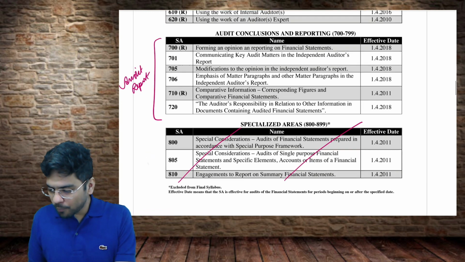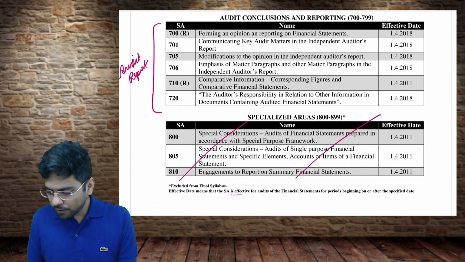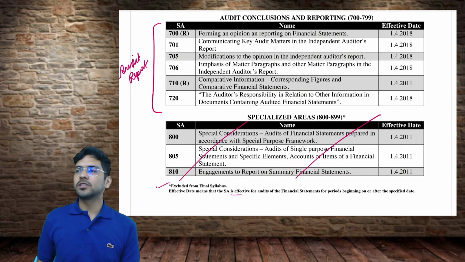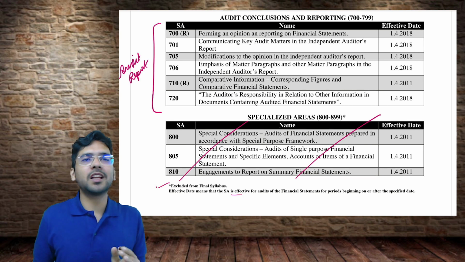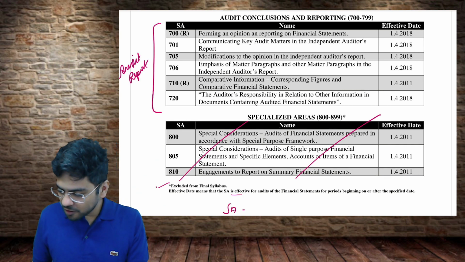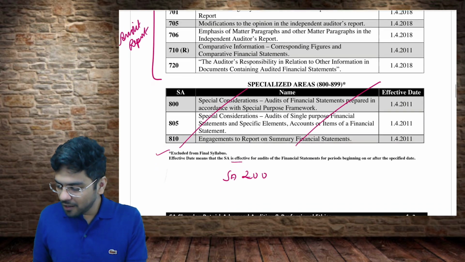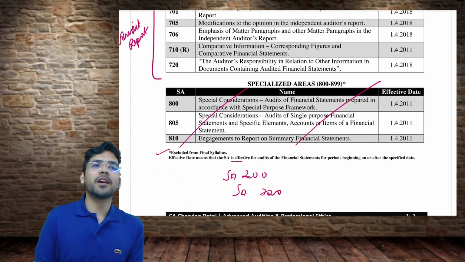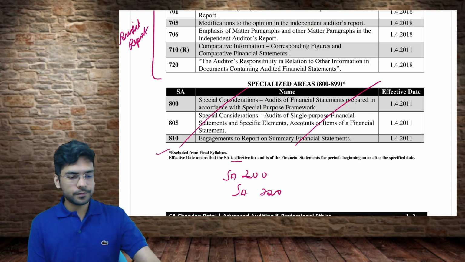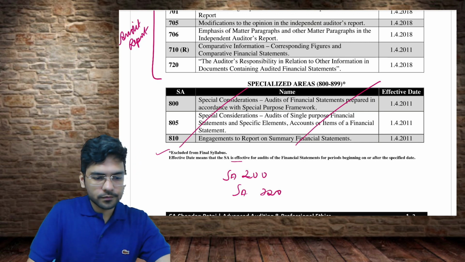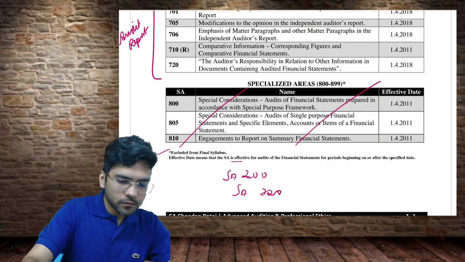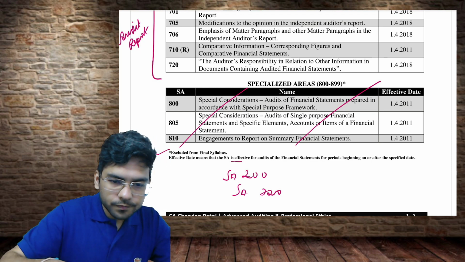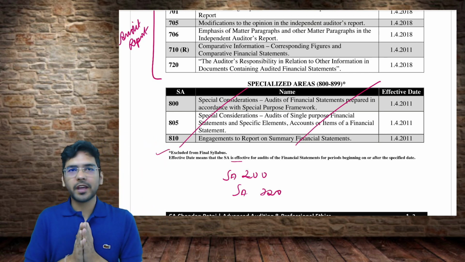I have mentioned it in this also, excluded from final syllabus. So you have to ideally cover basically from 200. Your coverage is going to be from SA 200 till basically SA, the last standard that you have to cover is 720. Is this clear, everyone? Yes.